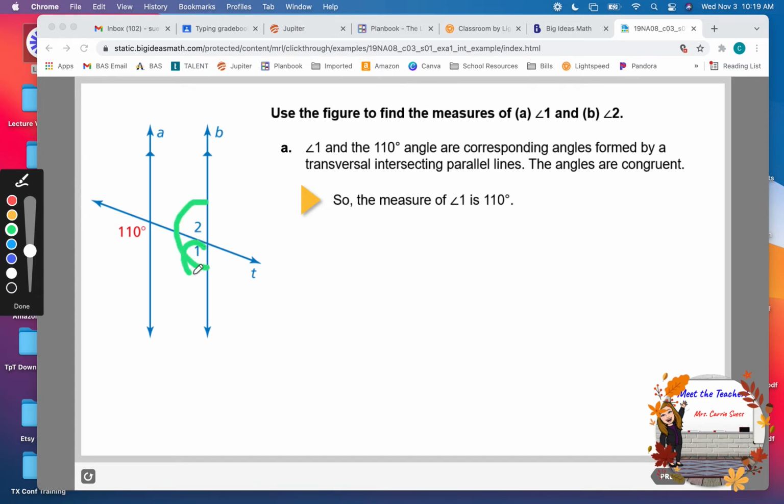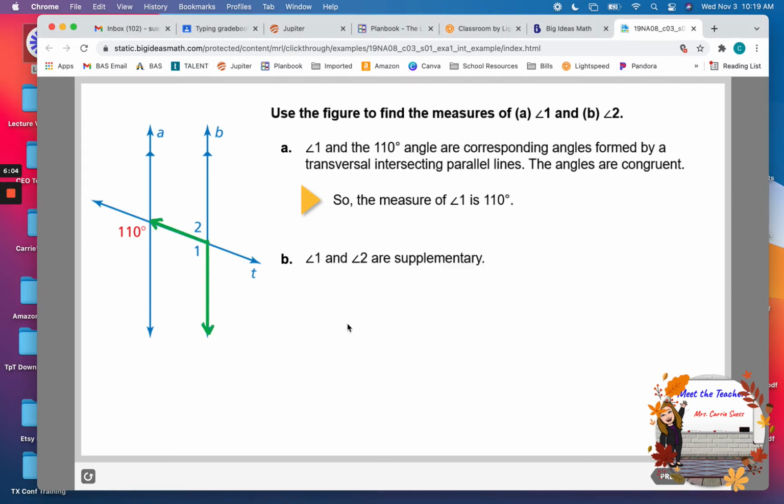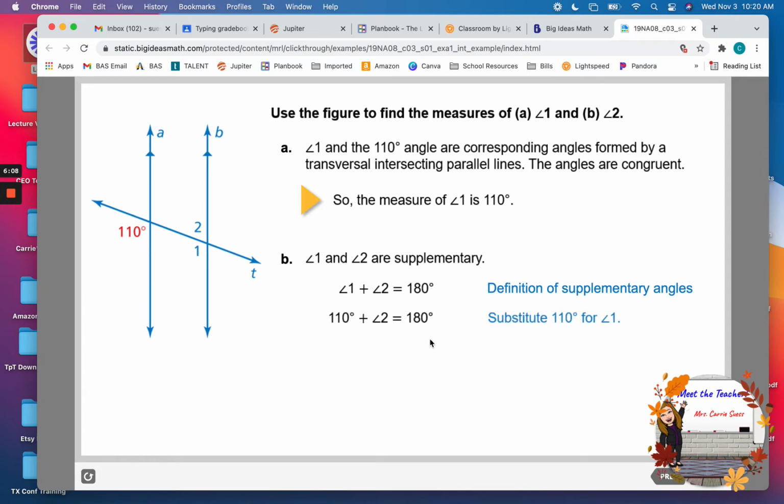So if I know this one is 110, what math am I going to do? Subtraction. I'm going to say 180 minus 110. Does that make sense? Yes.